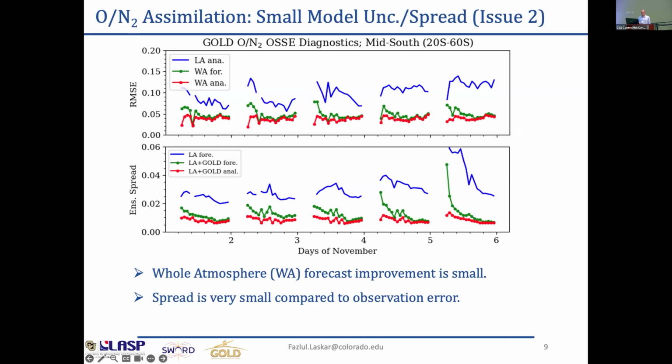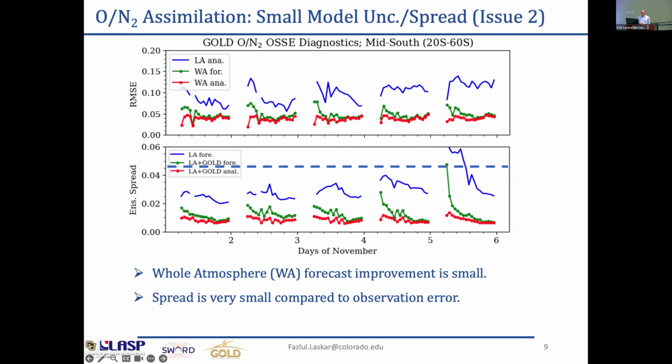So what we found out is that the O/N2 does not respond to the solar forcing too much, which makes sense physically. And we also know that the O/N2 will not respond to the geomagnetic forcing immediately, because it only responds at high latitude, while the low latitude response comes in after 3-4 hours. So the Kp forcing that we are using in a 1 hour assimilation is not enough to introduce enough spread in the ensemble members.